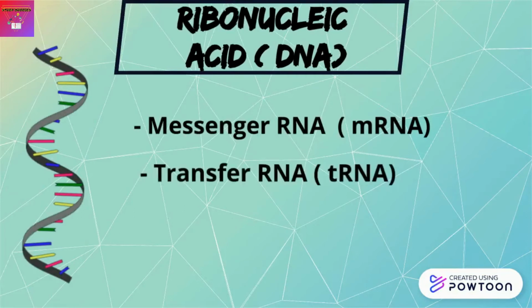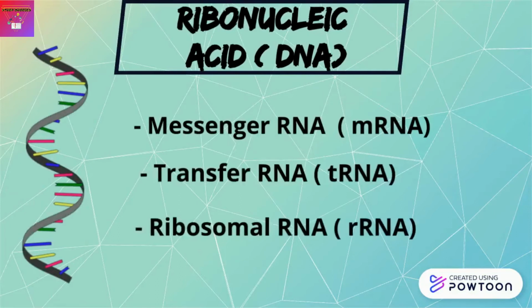Next, transfer RNA, or tRNA. Its role is in translating the sequence of nucleic acids into the correct amino acid sequence. Lastly, we have ribosomal RNA, or rRNA. rRNA works as an enzyme to form peptide bonds between amino acids in a polypeptide chain.